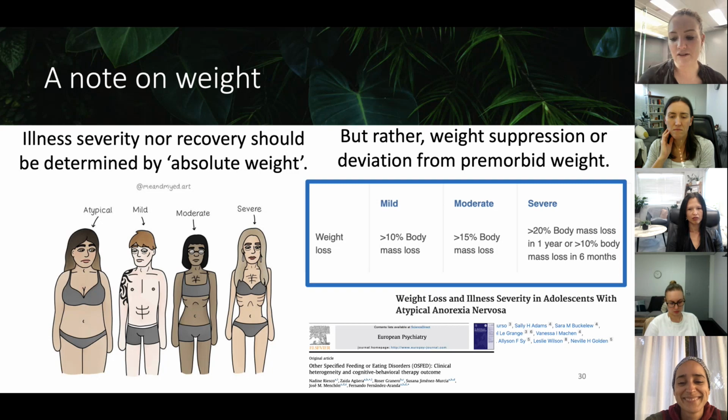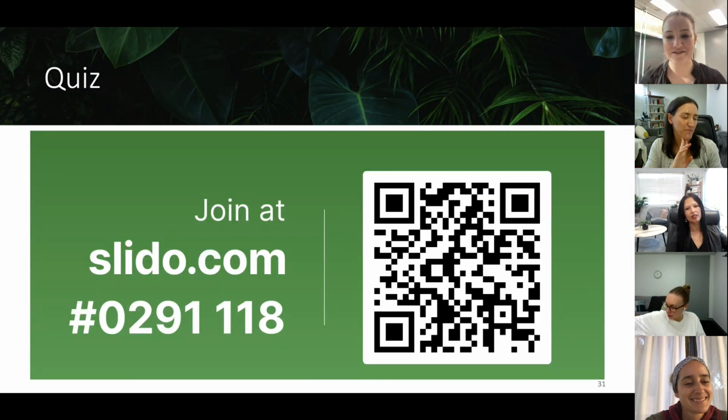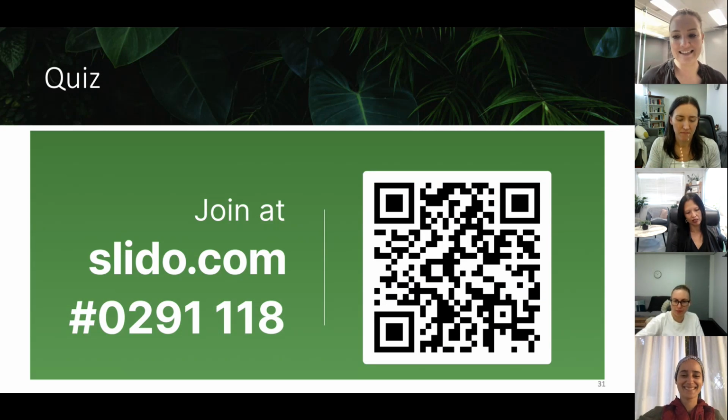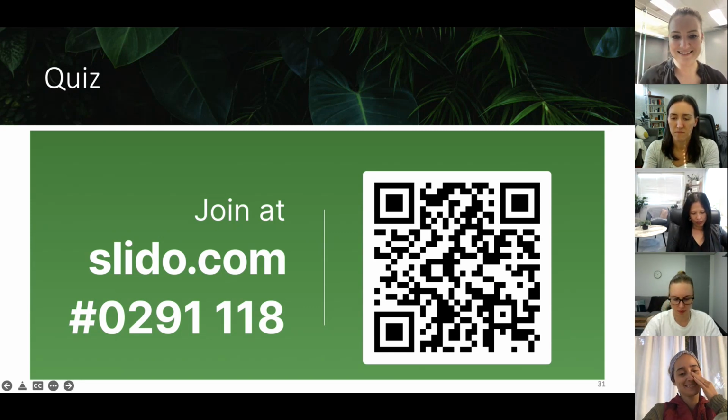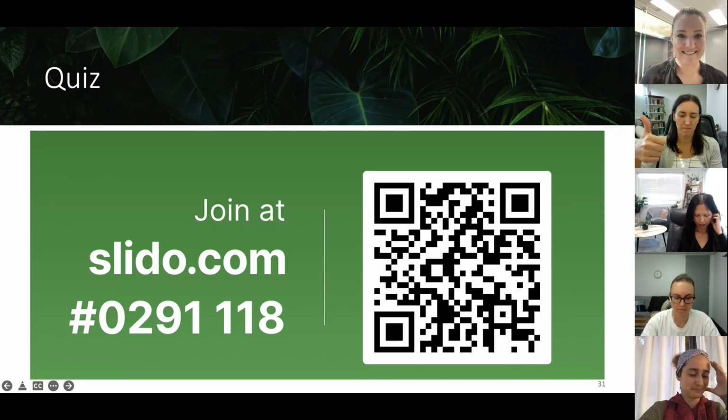All right, let's see if technology does me any favors. If you want to get out your phones and scan this barcode. Has everyone got it? Cool. Now I just have to go in and press play, I think.